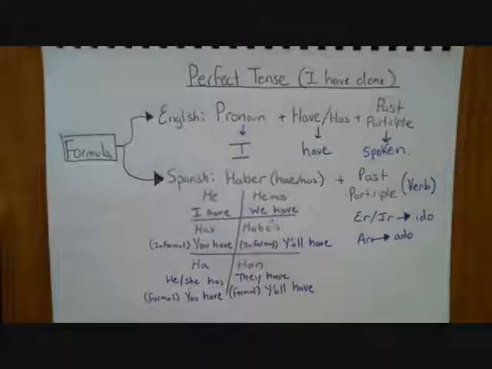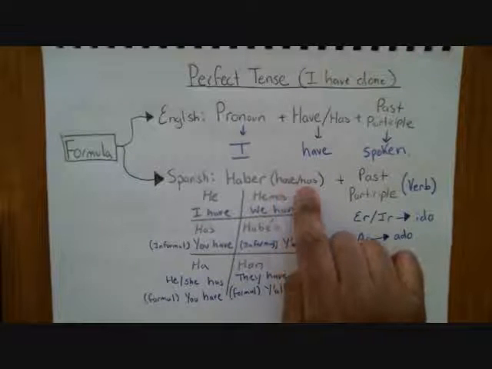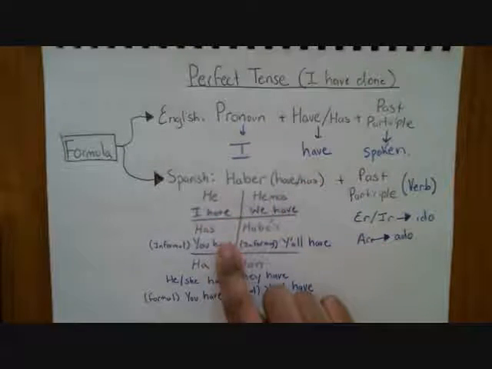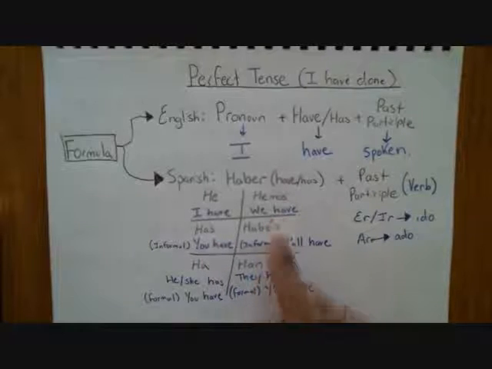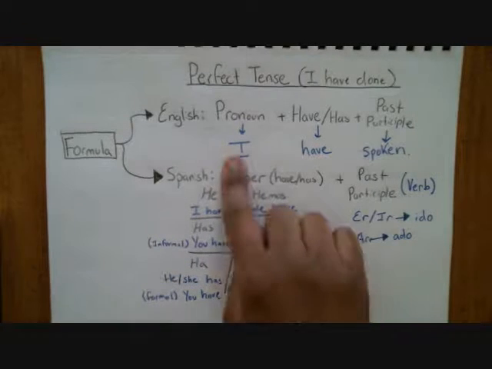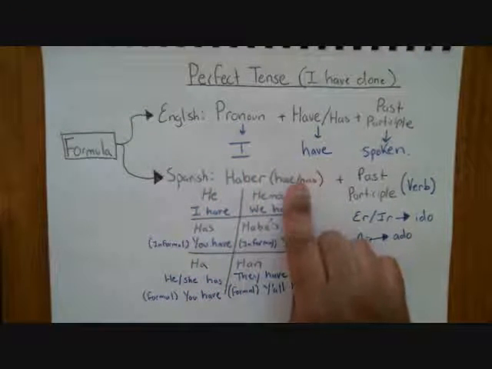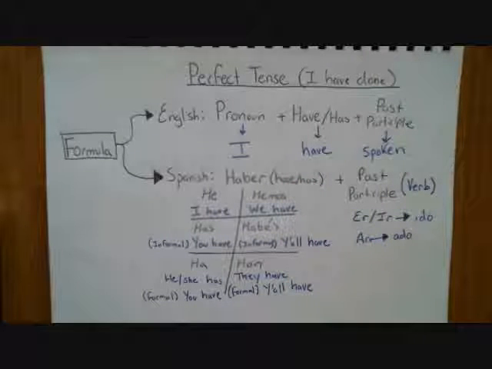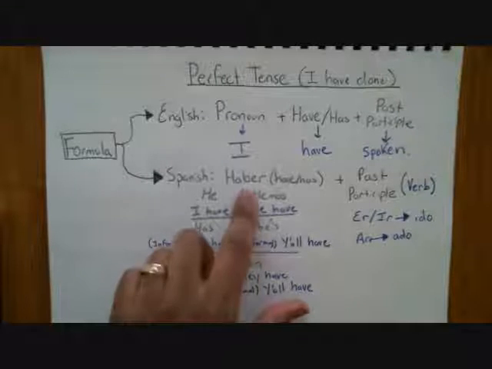Pretty straightforward. Well, guess what? In Spanish, it's a little simpler than that, because your verb for have or has conjugates based on what your pronoun is. And so your pronoun is built into what form of the verb have or has that you use. And so to express have or has in the perfect tense, we use the verb haber.